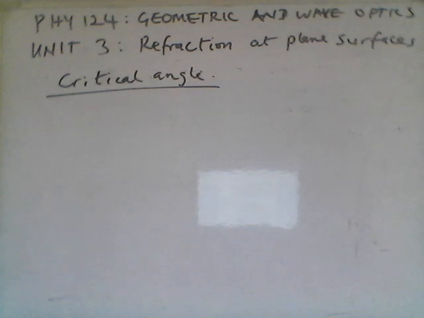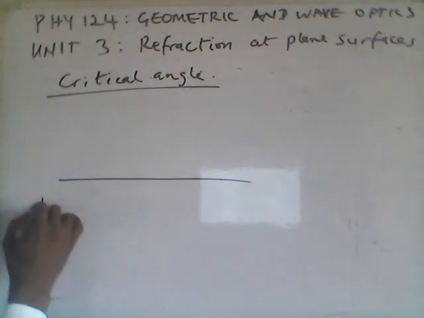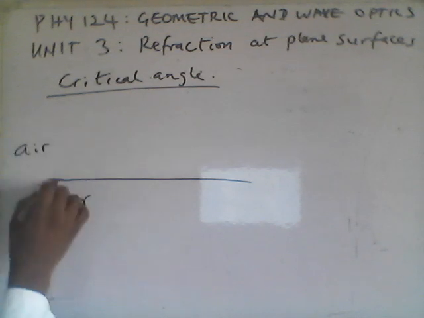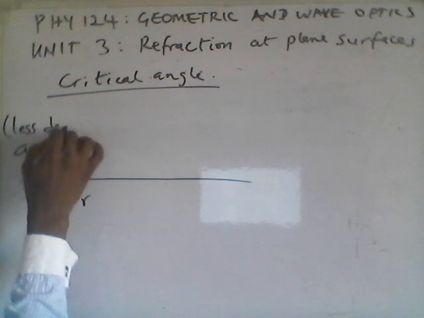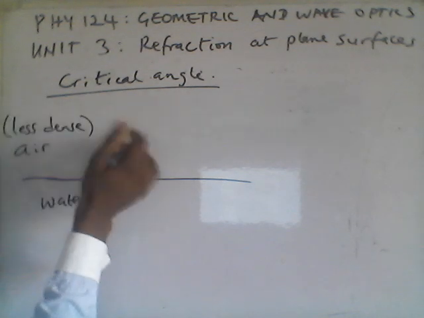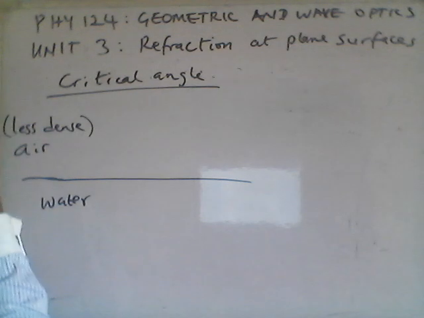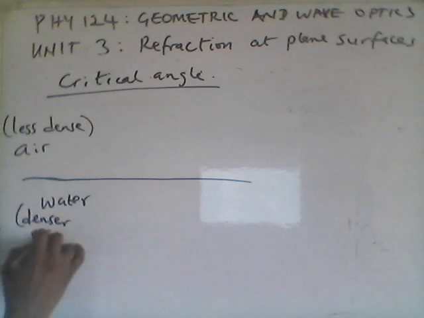When there are two materials, we are looking at maybe water this way, and air this way. You know that air is the less dense material. The refracted ray is bending away from the normal, and for water, which is the denser material, the ray is bending towards the normal.